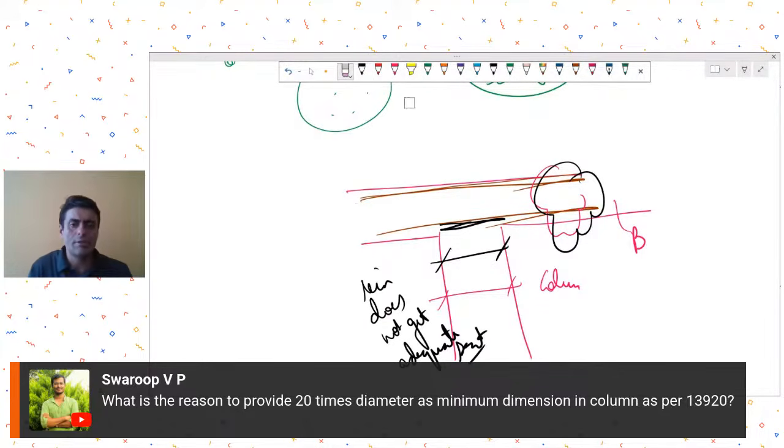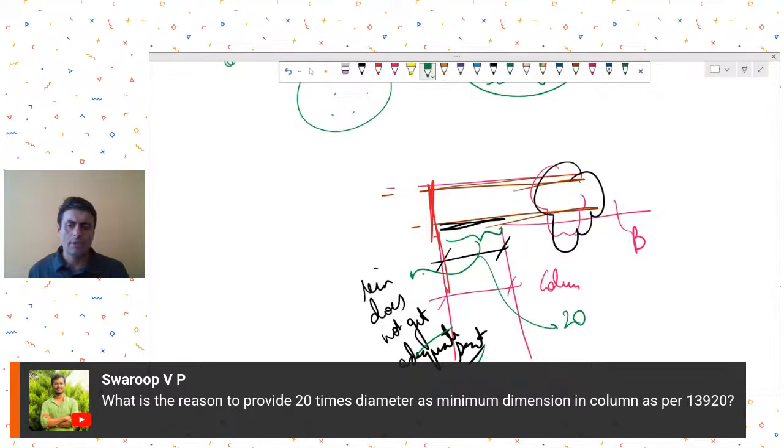Sorry, I should have drawn it like this. At the end locations, this criteria becomes more important, that this column is going to end, beam is going to end. Now if your reinforcement does not get that adequate seating, then it is not able to perform as per expectation under the effect of cyclic loading. So that's why your code has come up with this requirement of minimum seating to be 20 times this bar dia.